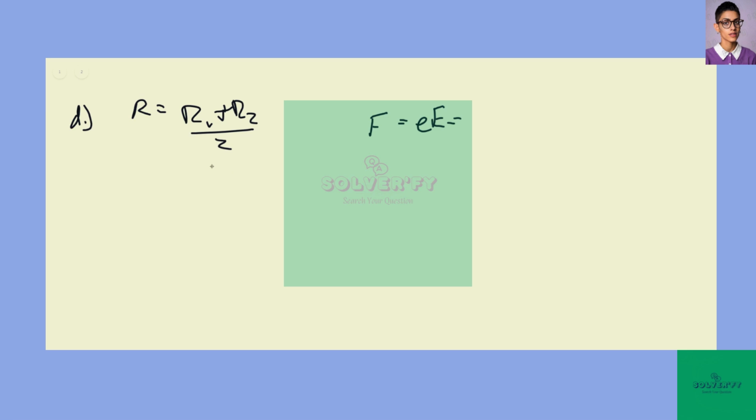So we should see that our R now is greater than R1 and less than R2. So our electric field in this case is Q over 2 pi epsilon naught RL.